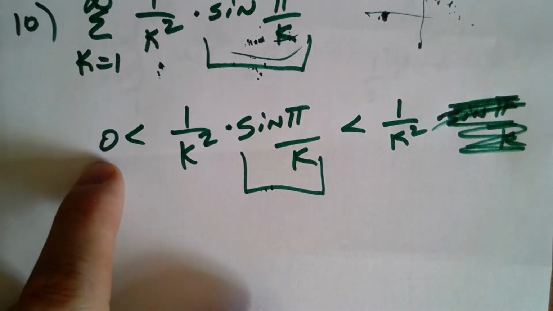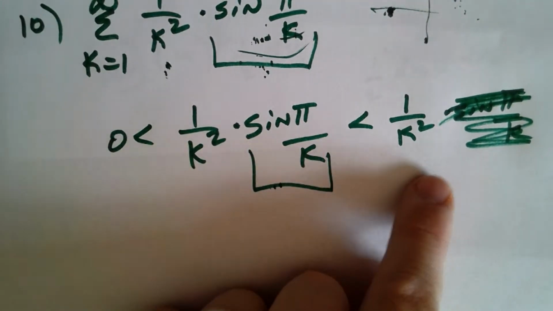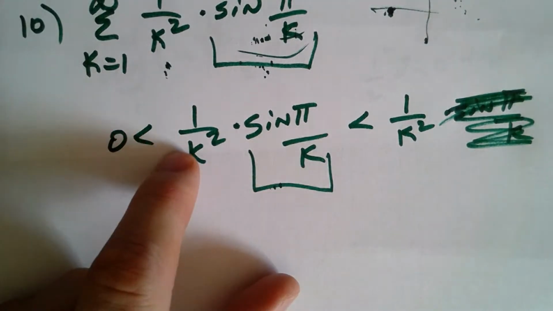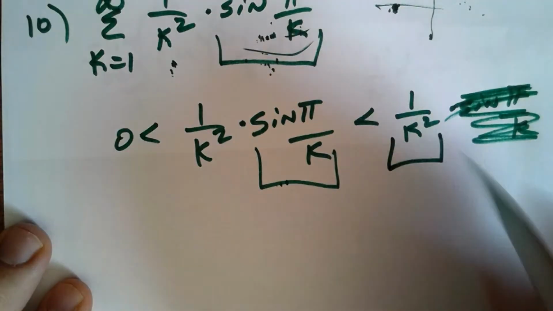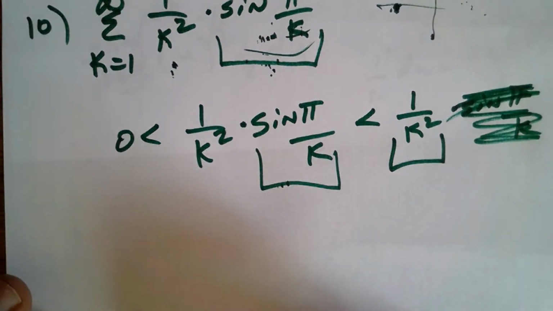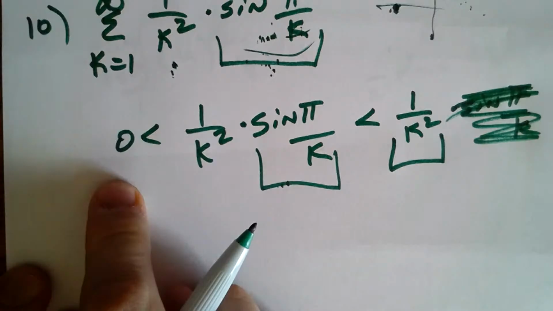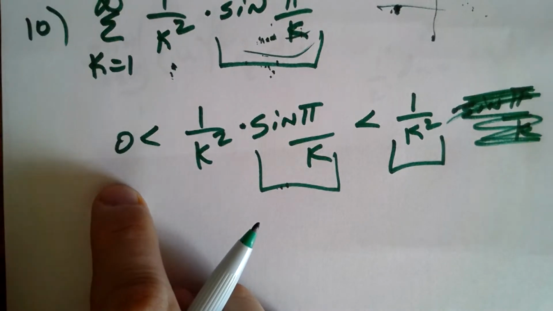So this is always bigger than 0 because it's either equal to 0 or positive. This is always bigger than 1 over k squared times the sine of pi over k. This converges by what test? Good job. This is adding 0 up an infinite number of times, which we know is equal to 0.